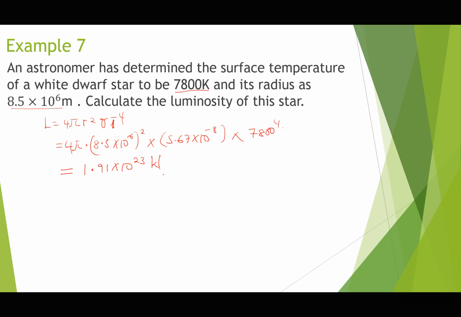Let me try to check again. 4 pi times 8.5 exponent 6, squared, times 5.67 exponent minus 8 times 7800 power of 4. So that is the total radiant power emitted by such a star.